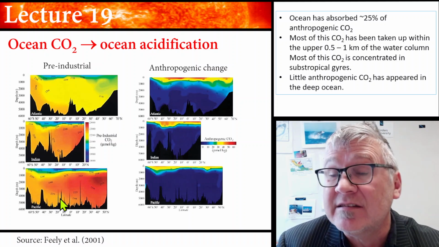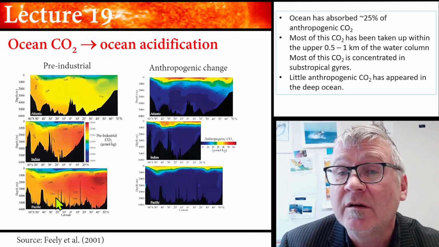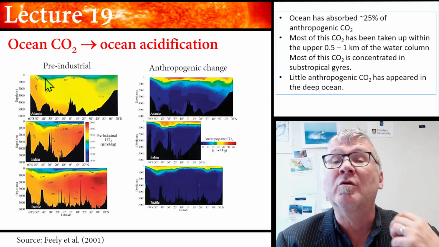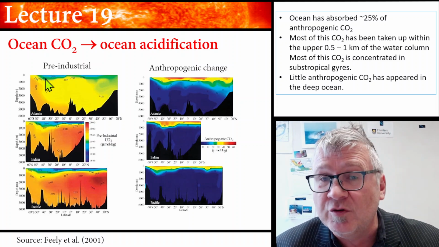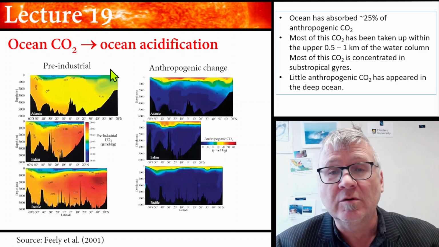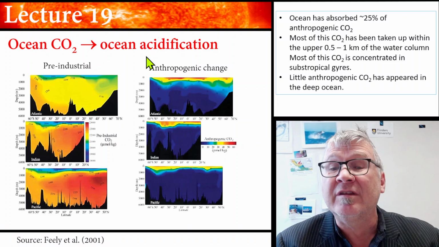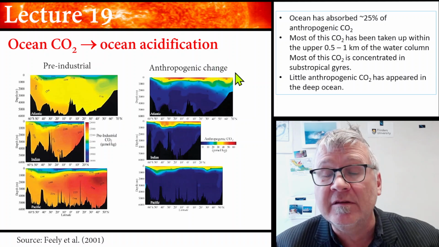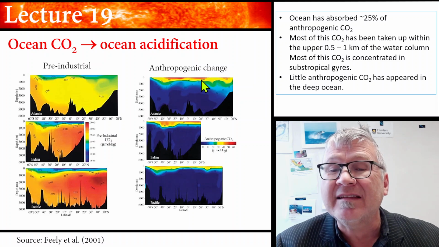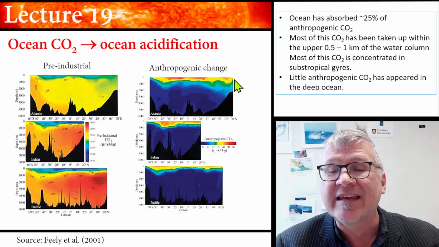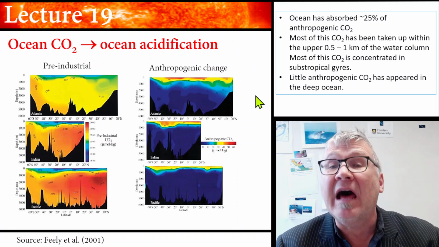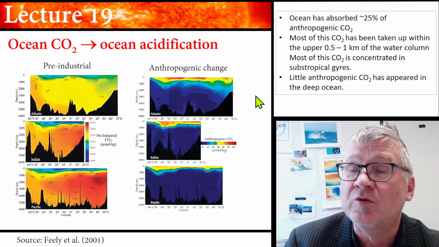And I discussed the reasons for these distributions in the previous lectures. What we're doing now is we look at the changes due to human emissions of CO2 into the atmosphere and ending up in the ocean. We can see these increases by the red and yellow regions here. These are the areas that have experienced the largest increase in CO2 in the ocean.